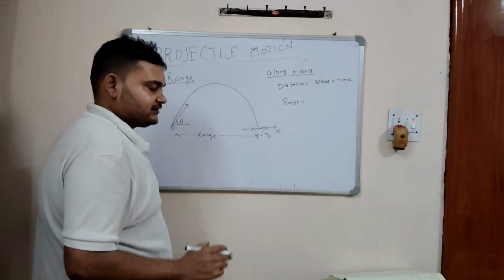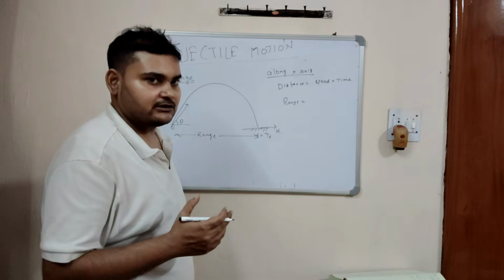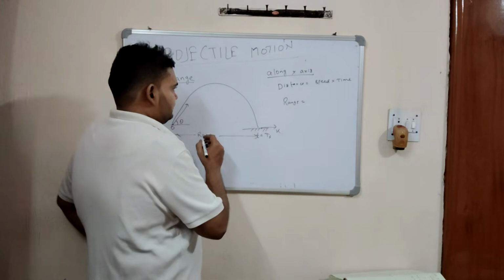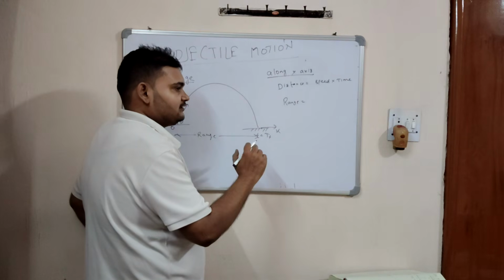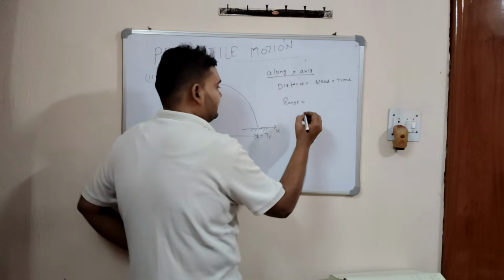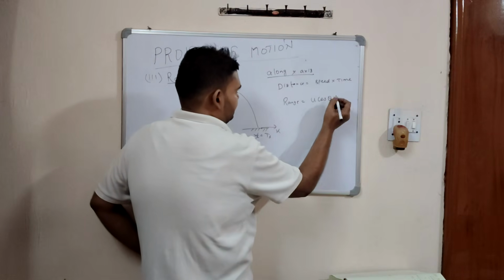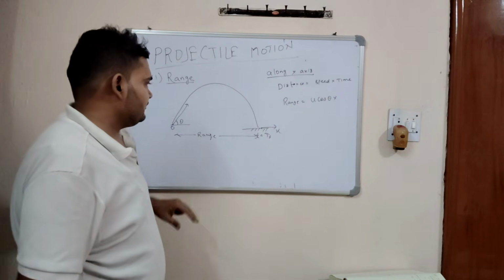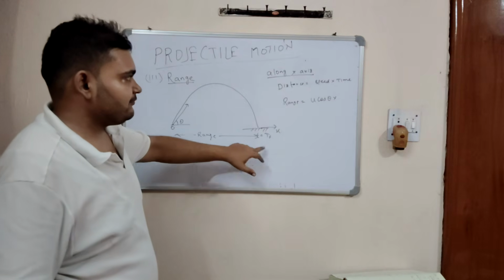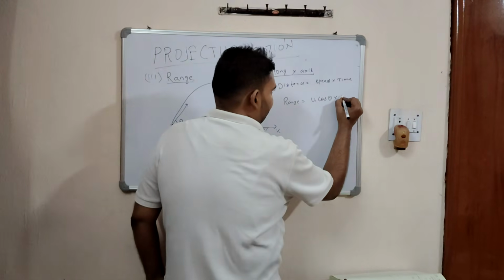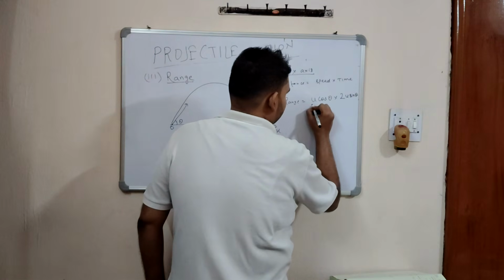What speed? The speed of the object along the x-axis will be a constant value because there is no acceleration along the x-axis. So whatever the initial velocity was, throughout the motion along the x-axis the speed will be the same. That will be u cos theta. And then time: the time at which the object collides with the ground is known as the time of flight. So you can directly put the value of time of flight here, 2u sine theta by g.